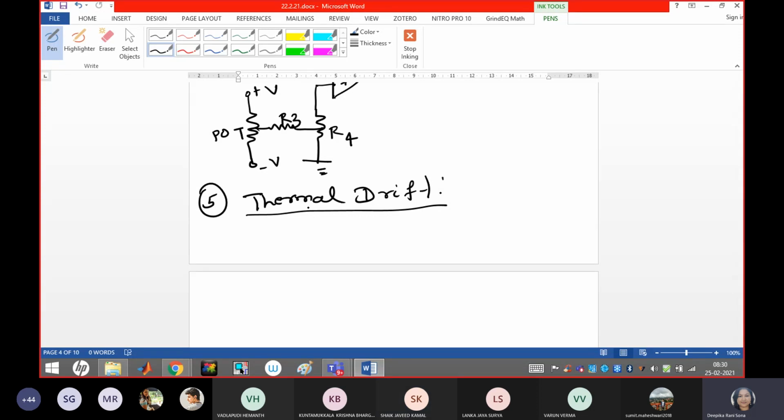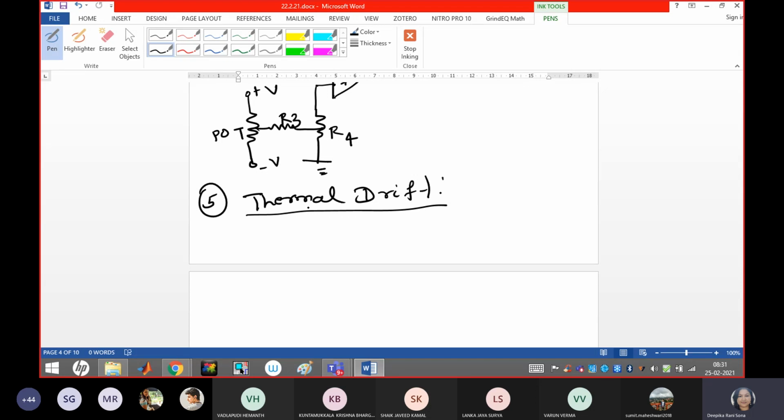So this mismatch in the temperature, or I can say the bias current, offset current and the offset voltage, they vary with the temperature. To nullify that, because we know these parameters produce the output voltage without the presence of the input voltage.